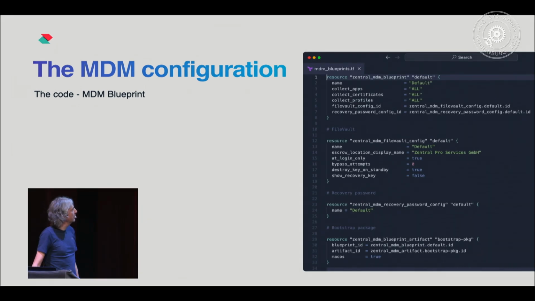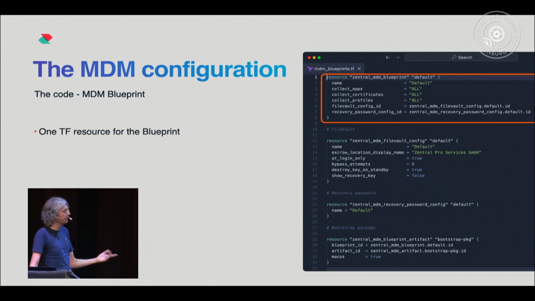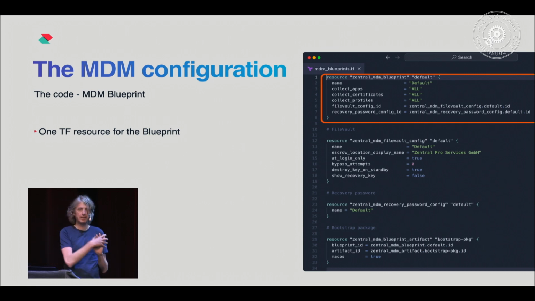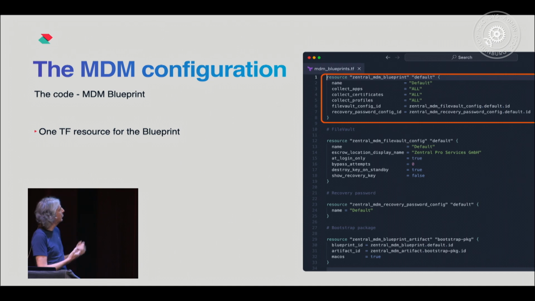And then we bring it all together using blueprints. So we have a name for the blueprint, basic configuration about the client. This is everything we are trying to push to the client. And there's a little bit of configuration about the inventory collection.